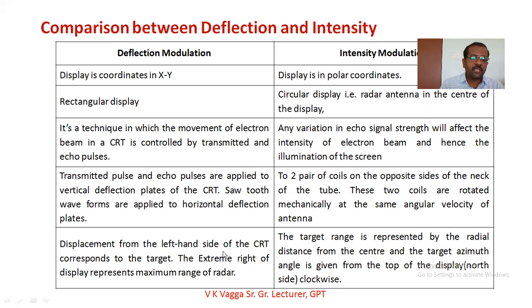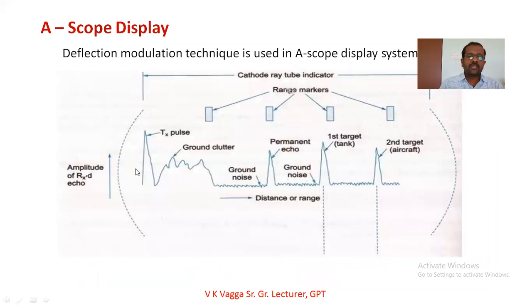And for the displacement, the left-hand side of the CRT corresponds to the target, and the extreme right of the display represents the maximum range of the radar. For example, this is an A-scope display under deflection. The extreme right-hand side is the target, and the left-hand side represents the range from this end to this end.